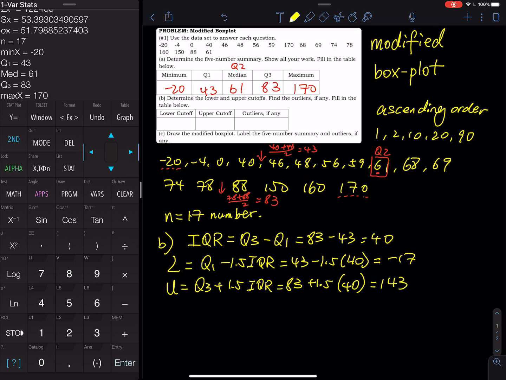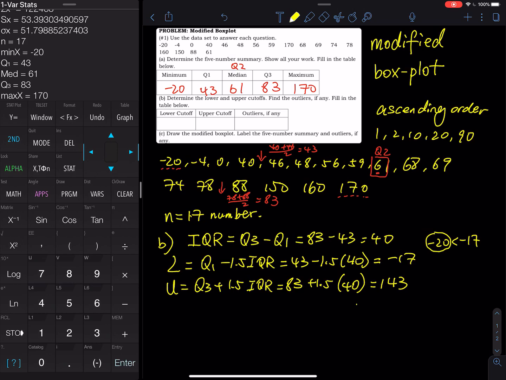How do we use the -17 and 143? So here is how. Any data less than -17, they are outliers. So we have -20, less than -17. So -20 itself is an outlier. For the 143, any data greater than 143 is an outlier.